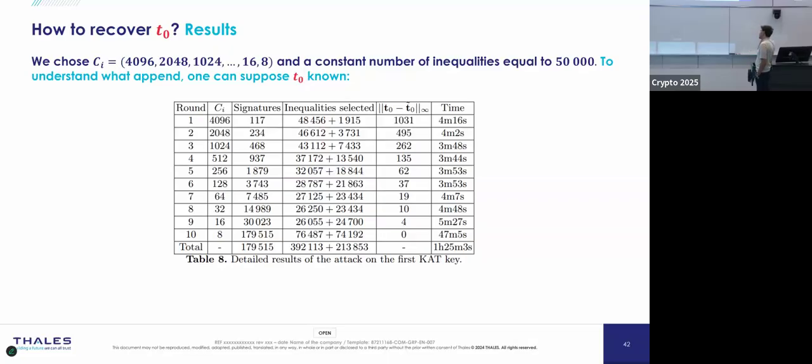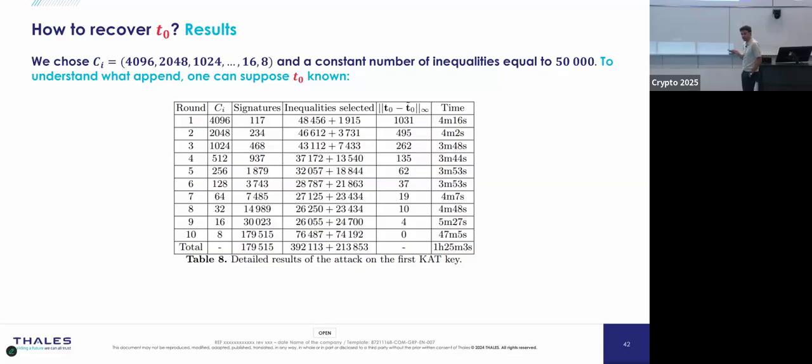We made just a standard guess for the radius and for the number of inequalities. We decided to remain conservative, so we chose a radius that is divided by 2 at each step and a constant number of inequalities at 50,000.